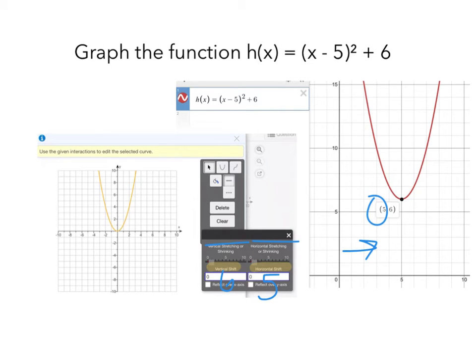We just talked about that. When I plug that in to my Savvas page, it will change this parent function. Remember, this guy is the parent function, and it's going to shift it over 6, and I'm sorry, over 5 and up 6. So it's going to shift it to right here, and it's going to make it go this way. So you have to know how to enter it in as well.